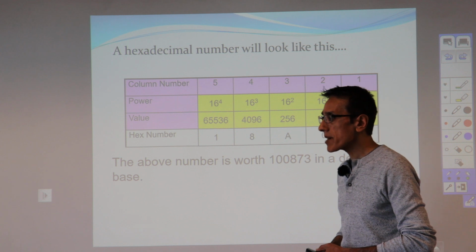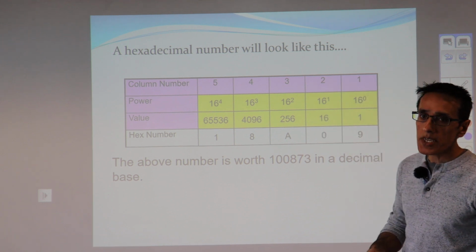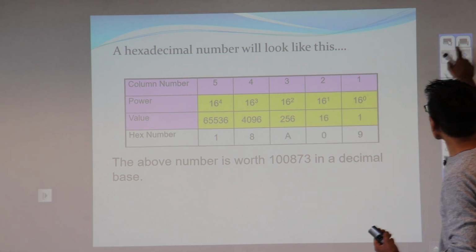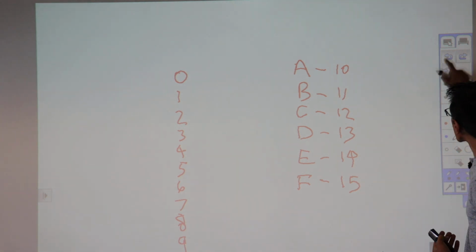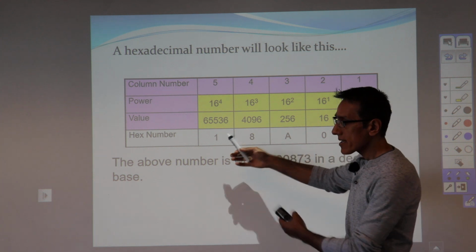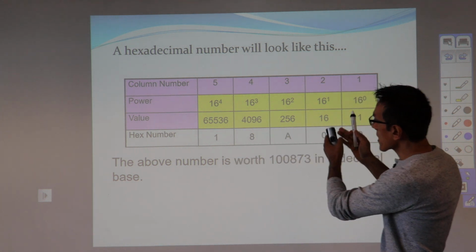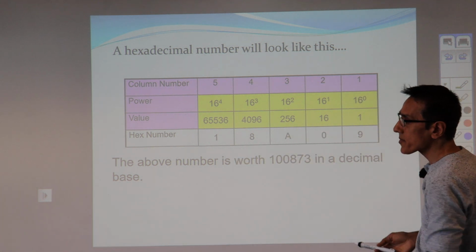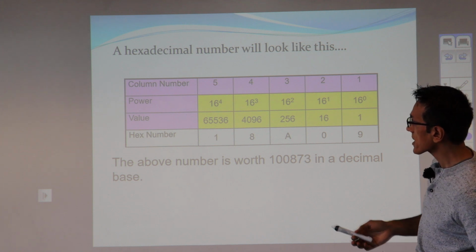So a hexadecimal number is made up using those symbols which we have at our disposal. We again align those in accordance with the column which we are working with.